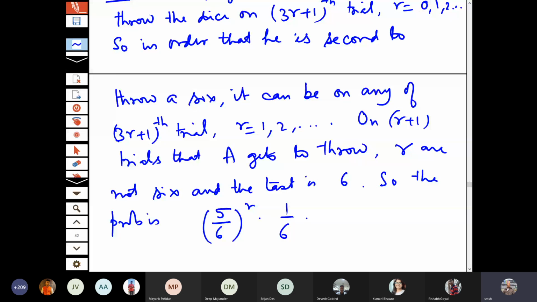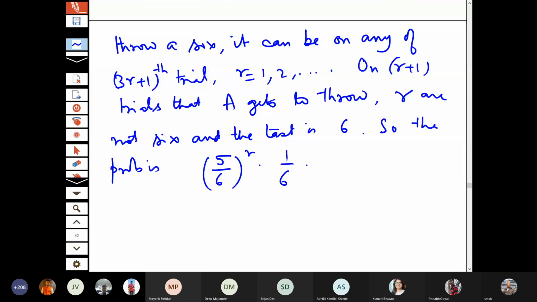Then in all the trials that B gets, he should get at least 1 6, because either B or C gets 1 6.